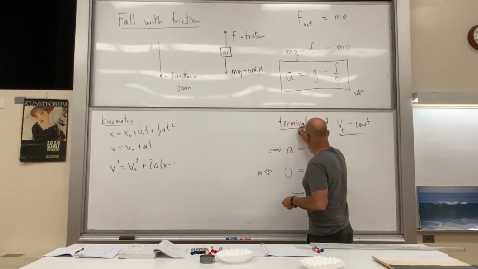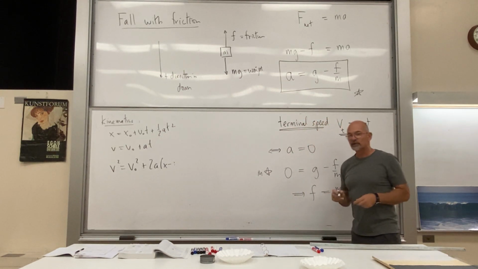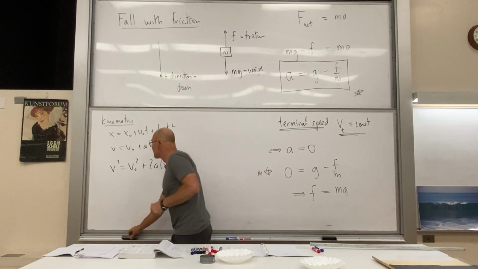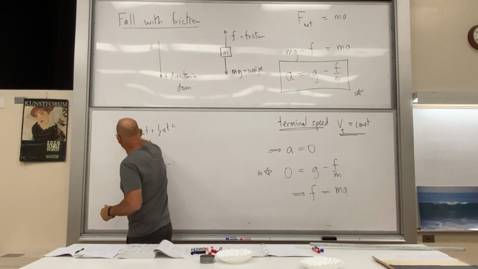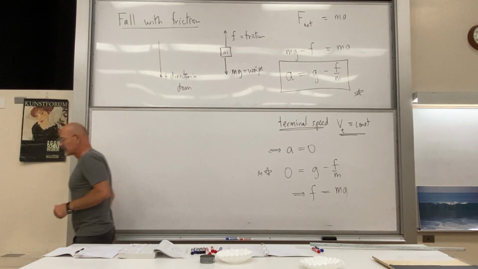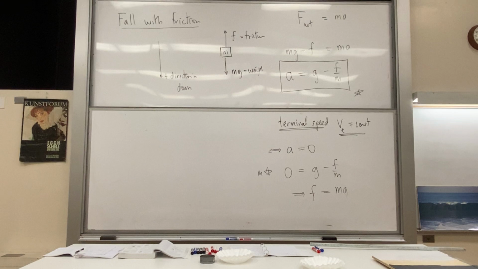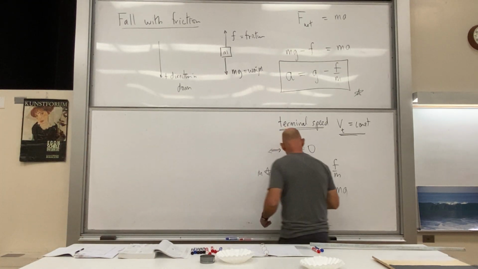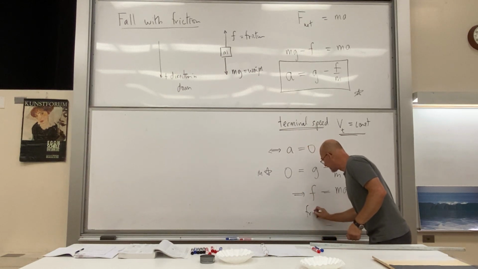So any of you who've done skydiving probably learned about some of this stuff already. And I think I'll give this one more little discussion point. I'll leave it right there for now. Terminal speed, friction equals weight. I'll write it down.